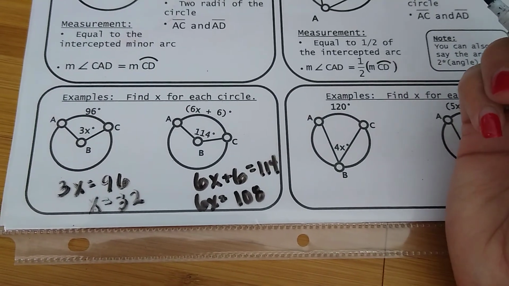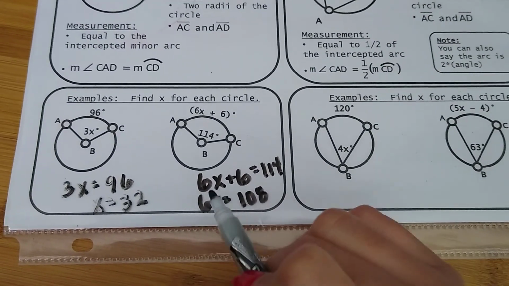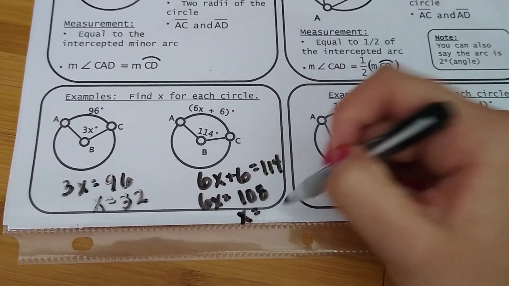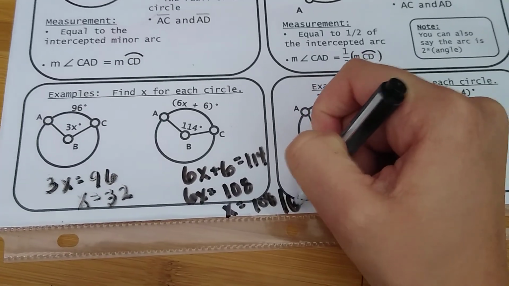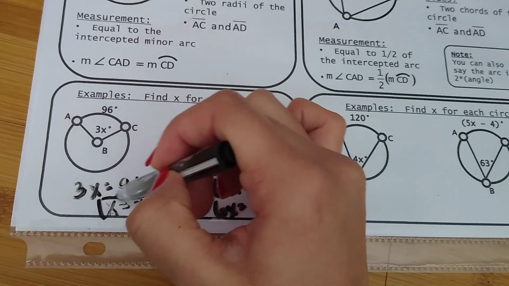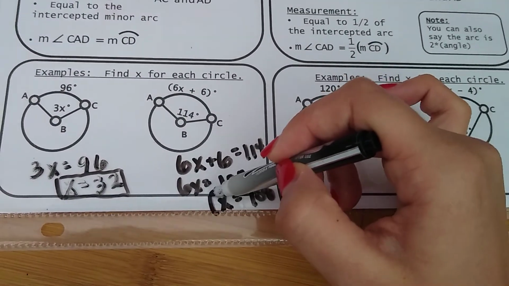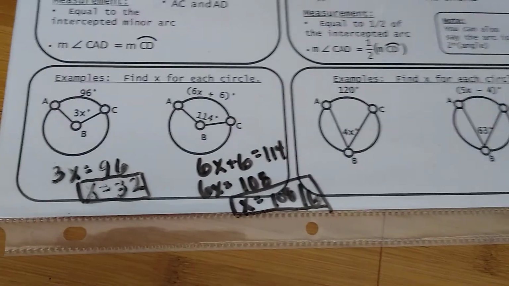It seems like I'm going to get a fraction, so for now I'm just going to leave it as an exact fraction. So it'll be 108 divided by 6. That would be my answer. I always like to box in my answers just so that I can quickly glance at the answers when I need to.